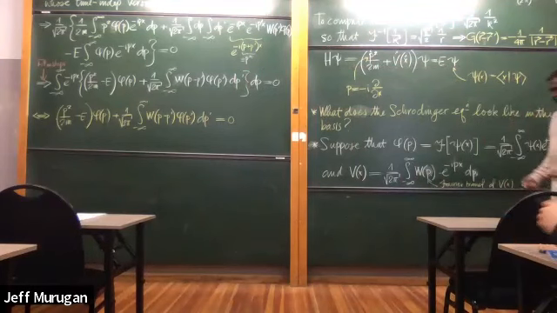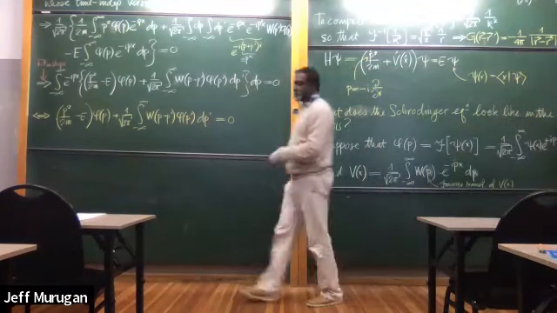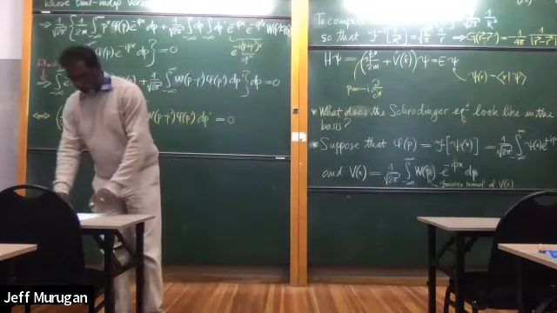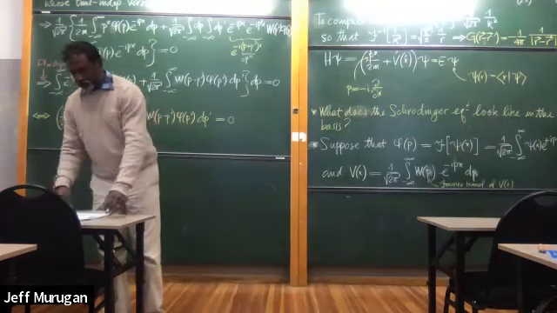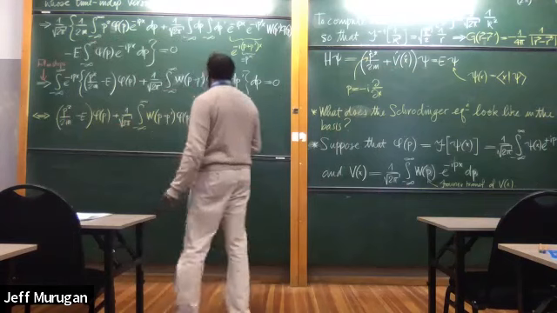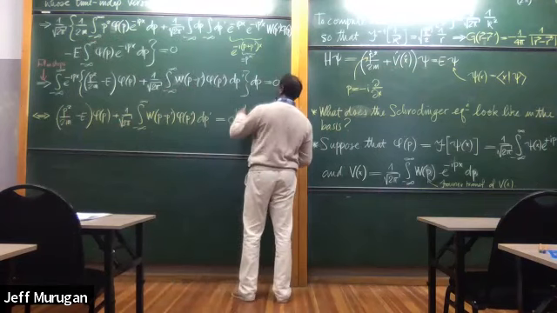This is the momentum space version of the Schrodinger equation.